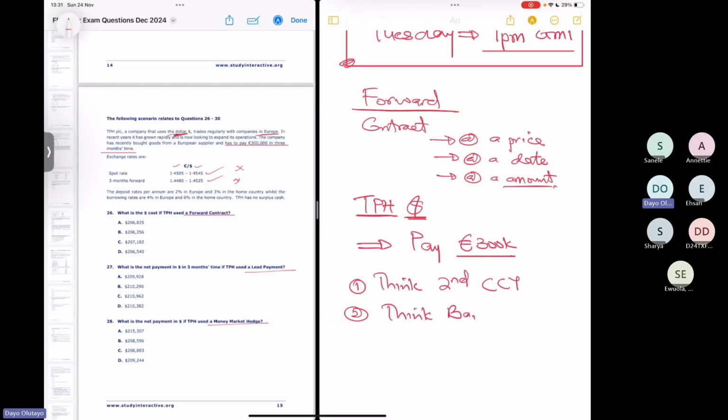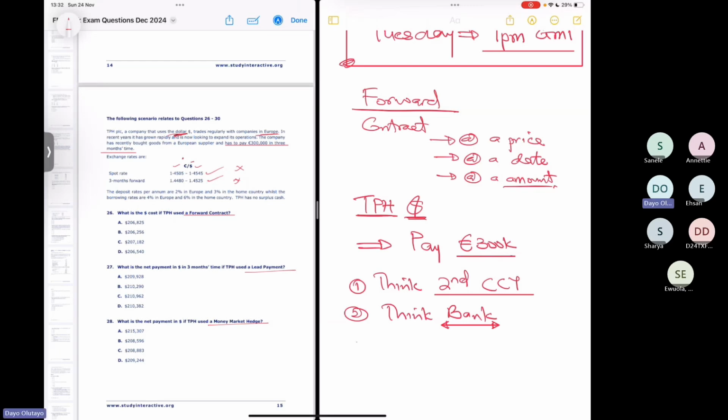Remember, the company will be doing this transaction, this forward, with the bank. So the bank is the one that will always provide the quotes. Please interpret your quote based on the bank situation and based on the second currency. The second currency is always the currency at the back. The first currency is the one in front.